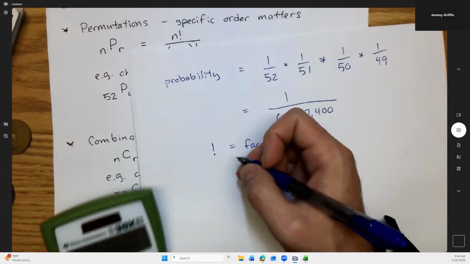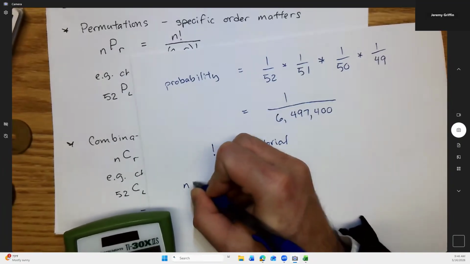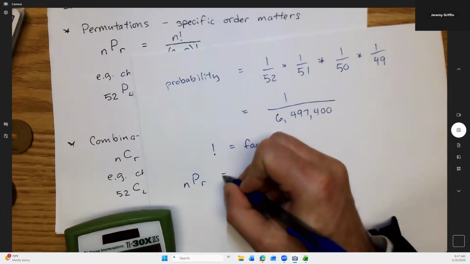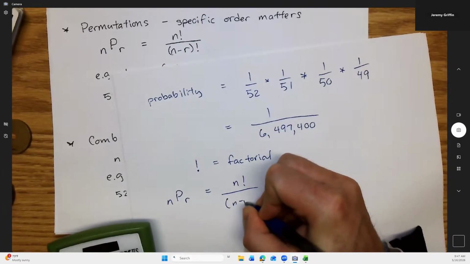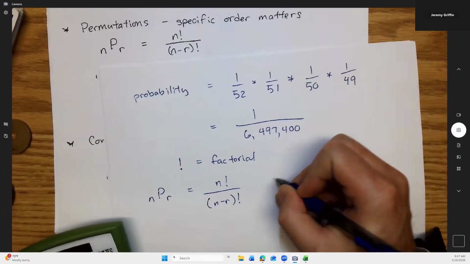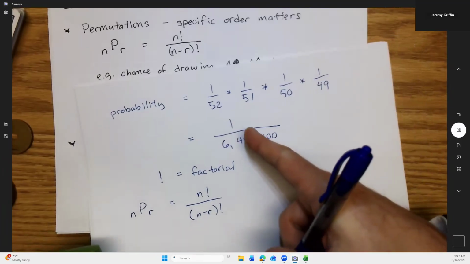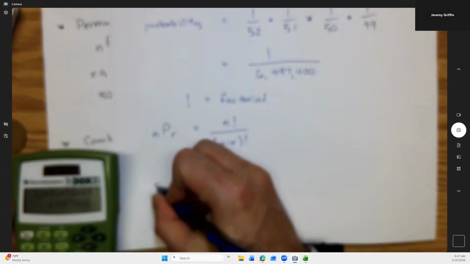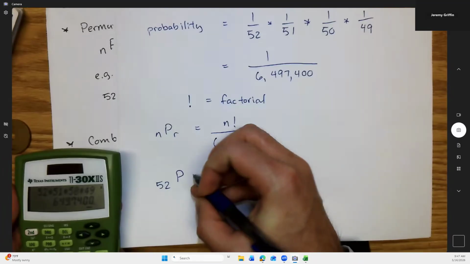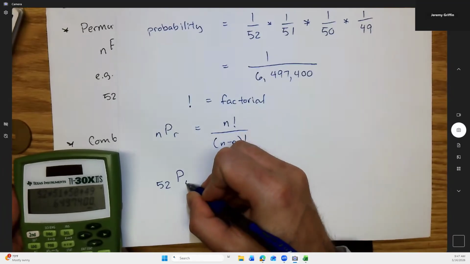In this case, nPr is the representation for this. It's n factorial over n minus r, that being factorial. So if I have 52 cards and I'm choosing 4 and I want them in a specific order, it'd be 52 P 4, where P stands for permutations, and I'm choosing 4 cards.